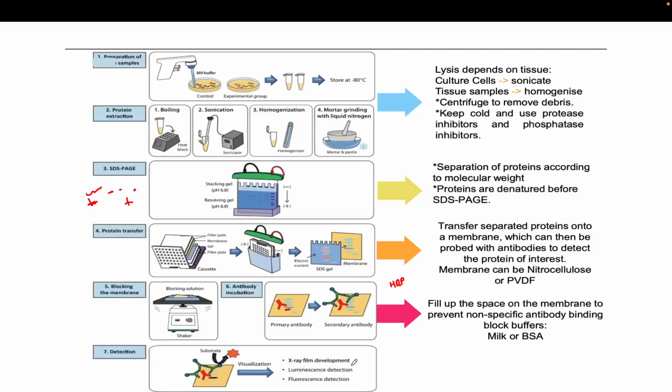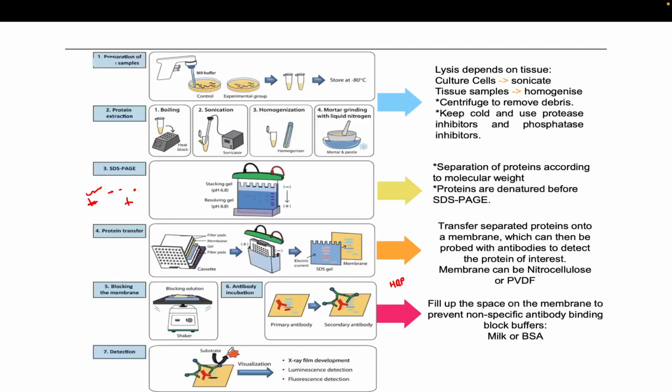You can see the visualization by X-ray film, luminescence detection or fluorescence detection. It all depends on what kind of conjugation is there with the antibody. It can be radiolabeled, a chemiluminescence molecule, or fluorescence labeled.